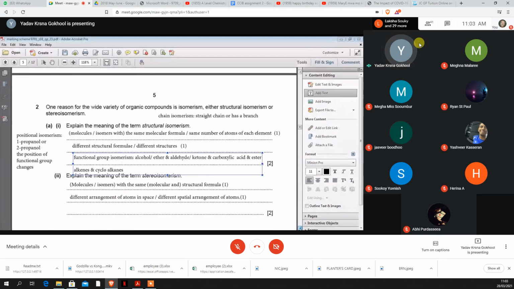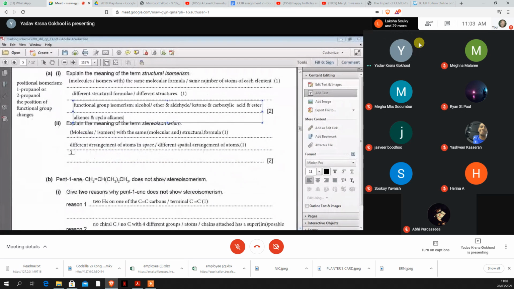Next over here, stereoisomerism. Stereoisomerism is cis-trans and optical. You may get questions where you have to give examples.